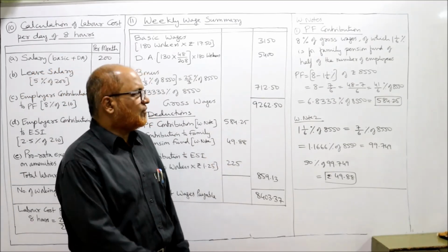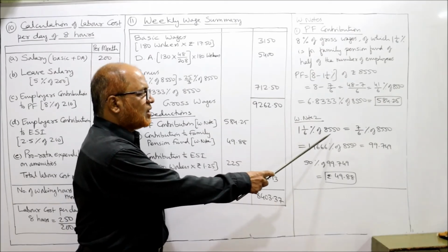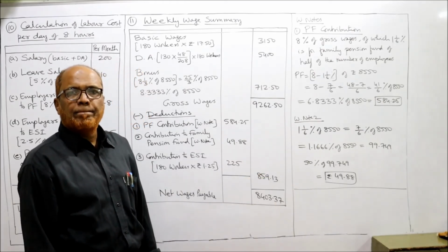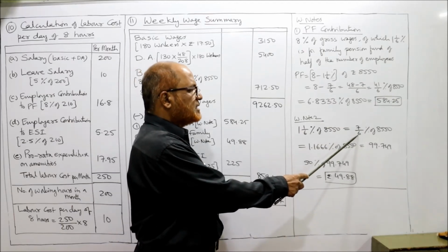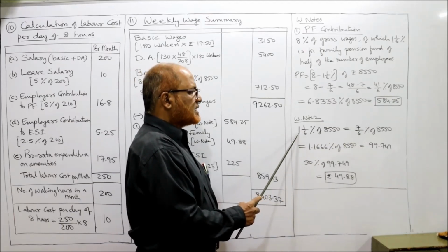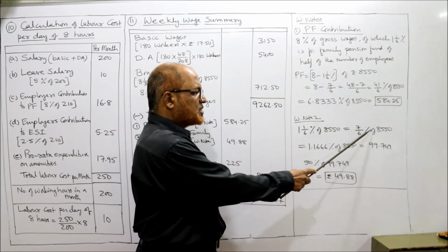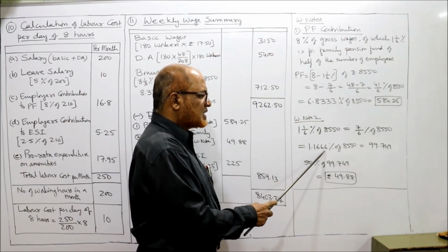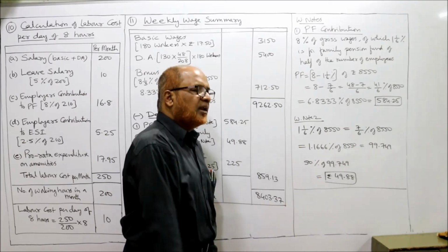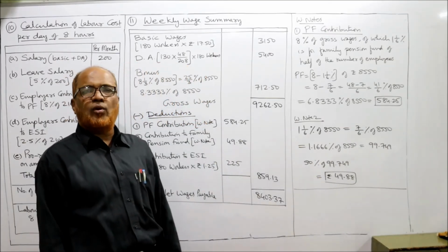Now Family Pension Fund. 1 1/6% of 8,550. 6 ones are 6 plus 1, 7, so 7/6% of 8,550. 7 divided by 6 will get 1.1666% of 8,550. That is 99.749.